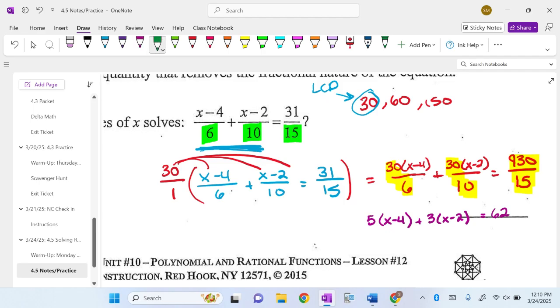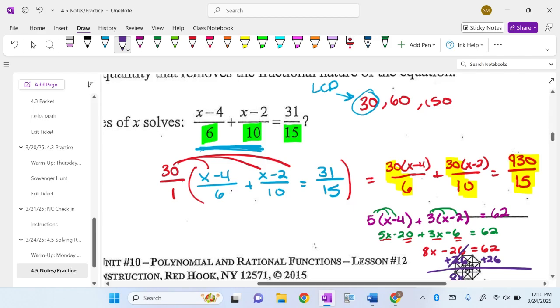So from there, I distribute. Now I can distribute. This will be 5x minus 20 plus 3x minus 6 equals 62. Combine your like terms. So I'll combine my x's and my constants. This will be 8x minus 26 is equal to 62. Add 26 to both sides.